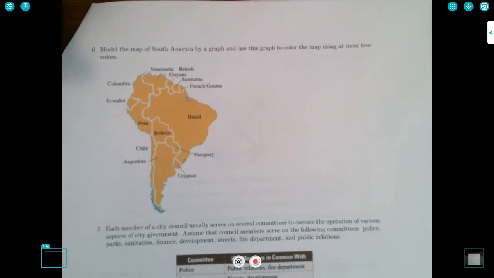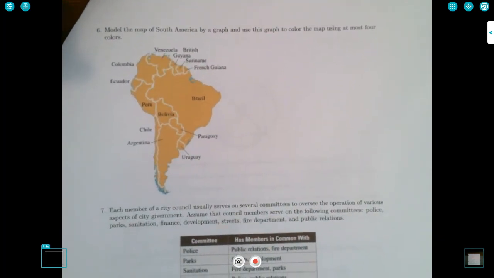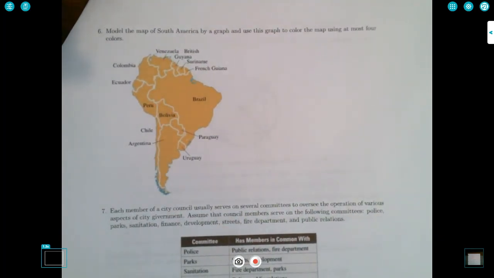Here's another example. This one says, model the map of South America by a graph and use this graph to color the map using at most 4 colors. Okay.